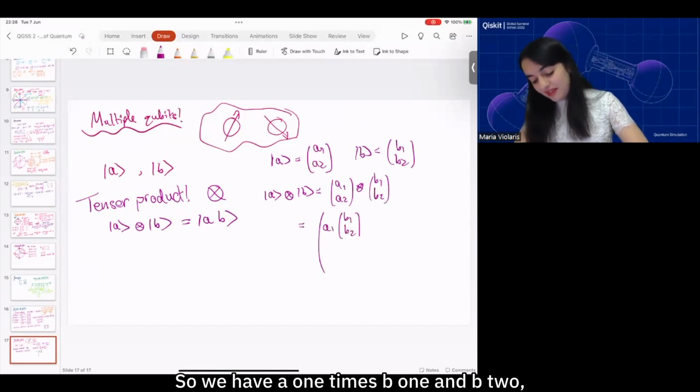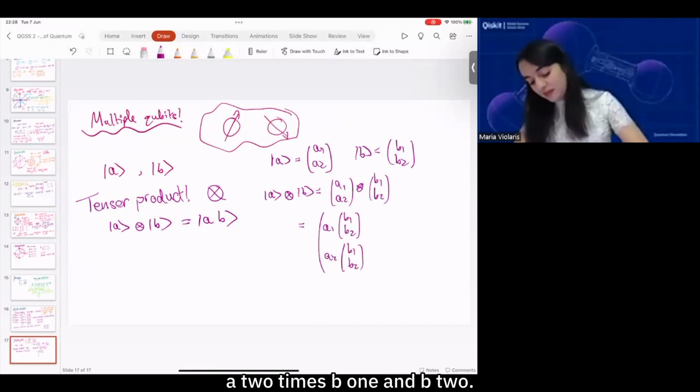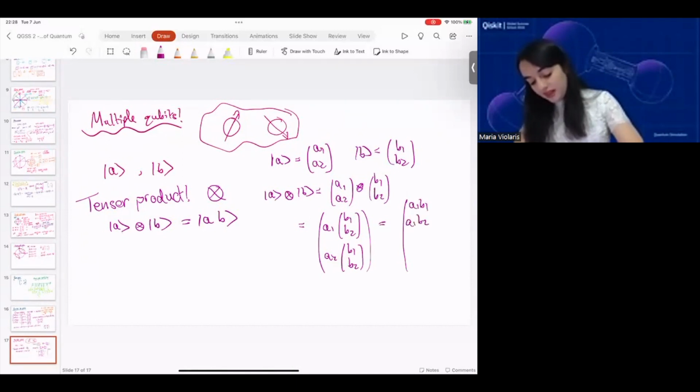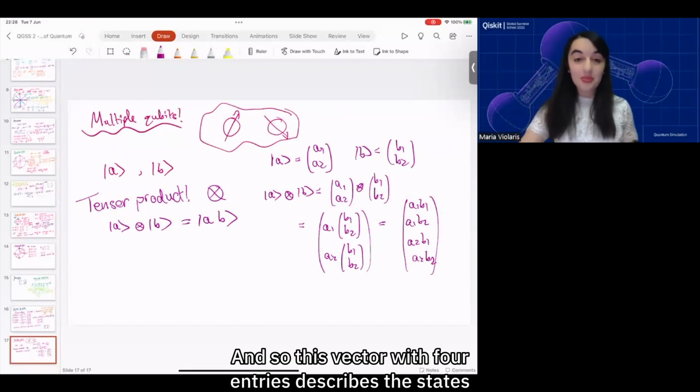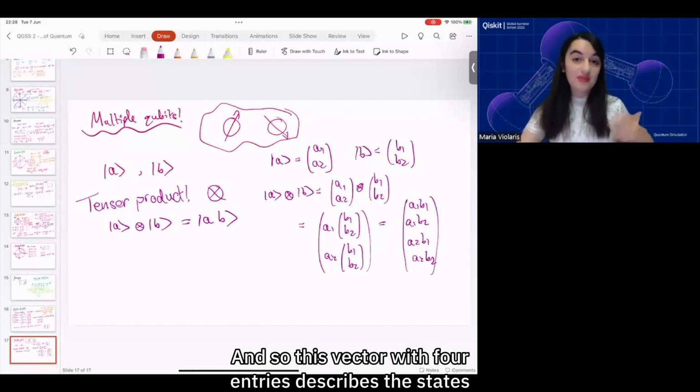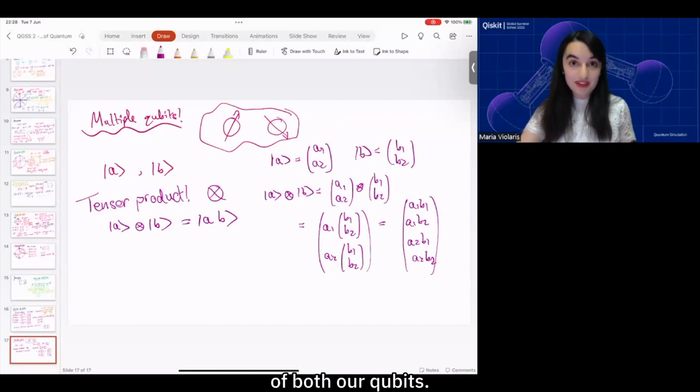So we have A1 times B1 and B2, A2 times B1 and B2. And so this creates a vector with 4 entries. And so this vector with 4 entries describes the state of both our qubits.